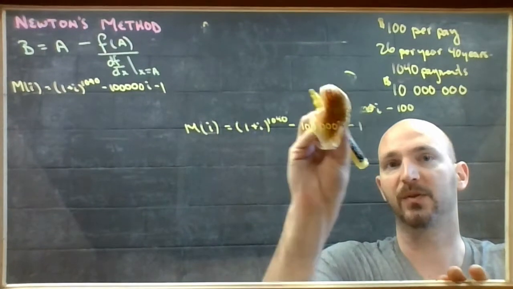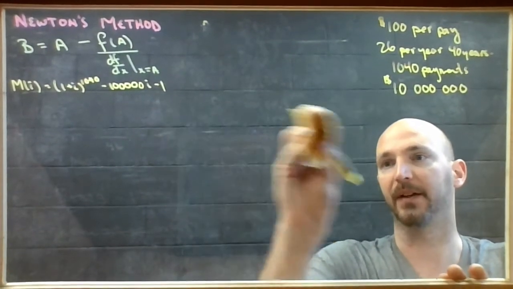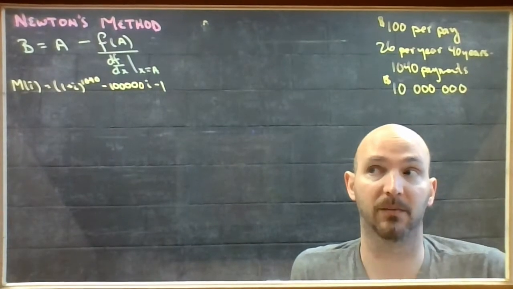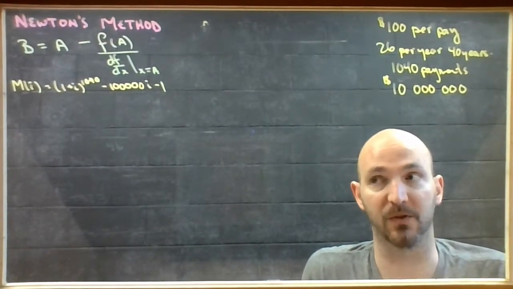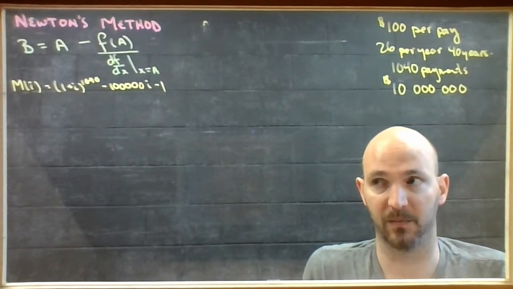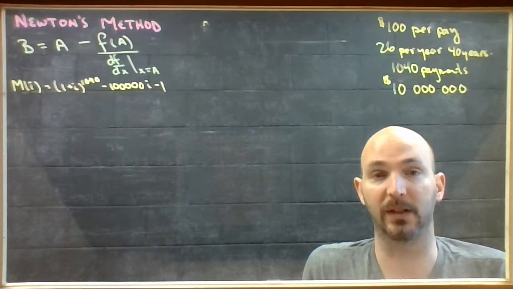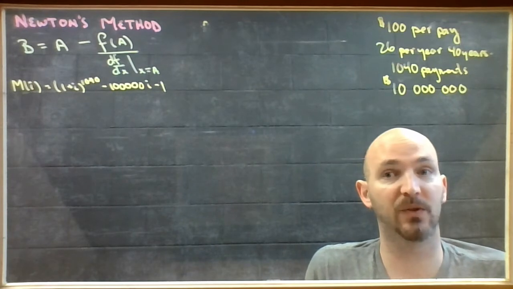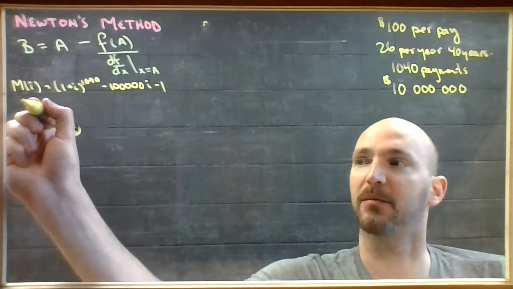Now in order to use Newton's method, I need to take the derivative of that thing. So I have a choice. I could either expand this bracket to the exponent 1040, which would be the biggest and most obnoxious foiling that you've ever tried, or we could just use some chain rule.